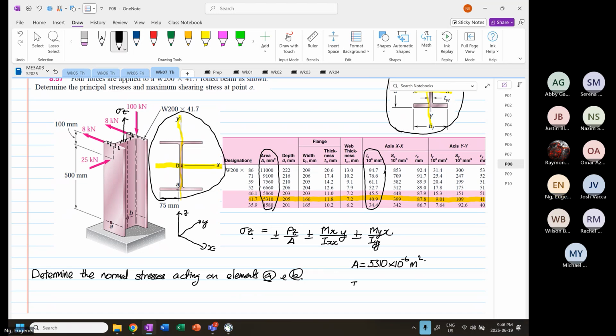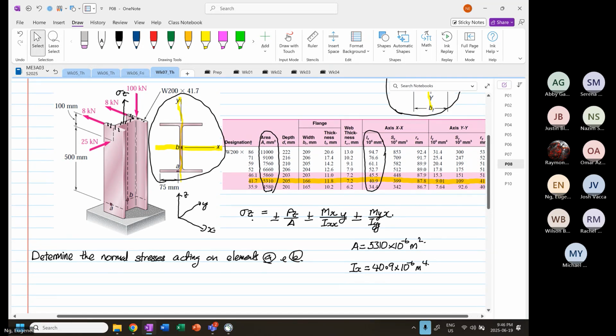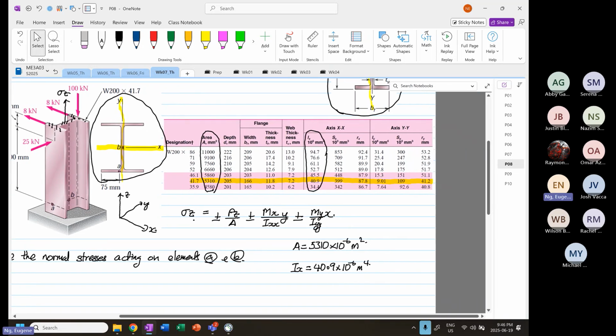Ix is equal to 40.9 times 10 to the power minus 6 meter to the power 4. And then we can also determine our Iy.